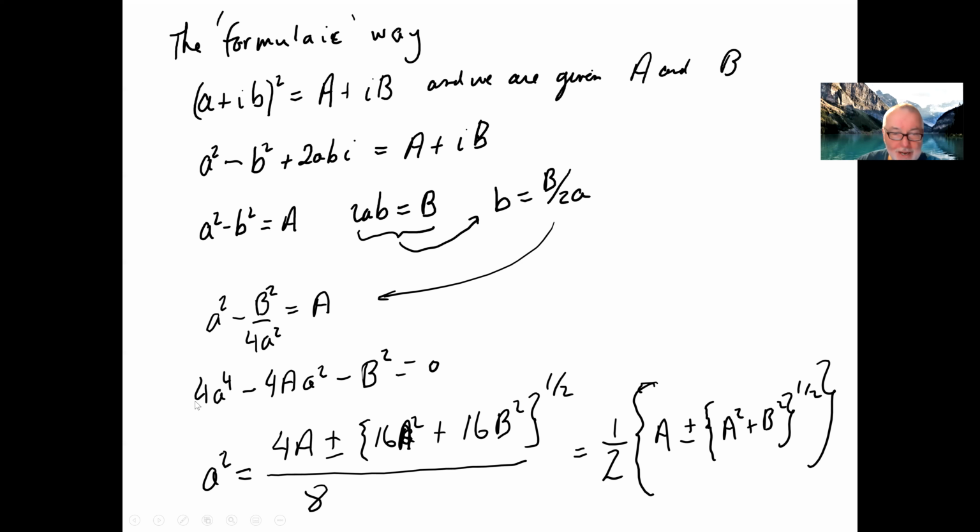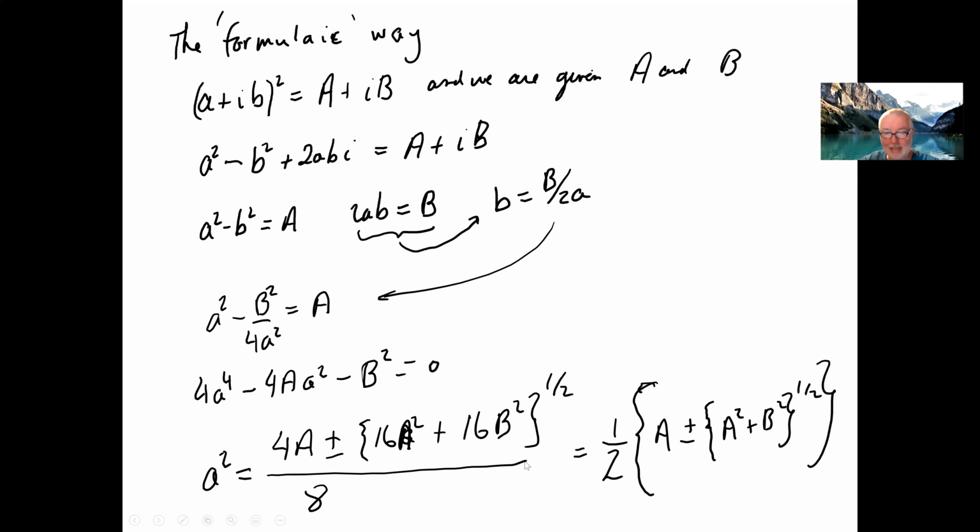And then I just take the 4a squared, multiply it through, and I get this equation, which is actually a quadratic in a squared. And I can get the roots of that quadratic in a squared, which is negative b plus or minus the square root of b squared minus 4ac, divided by 2a.